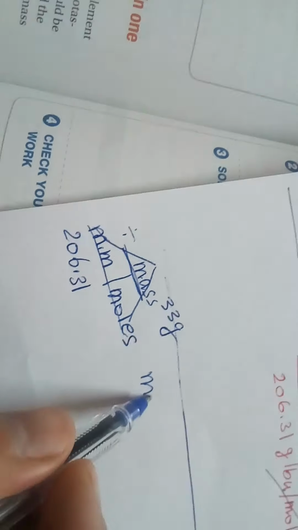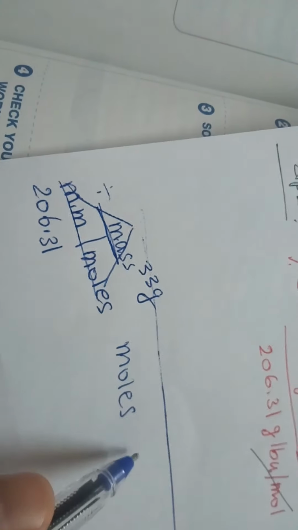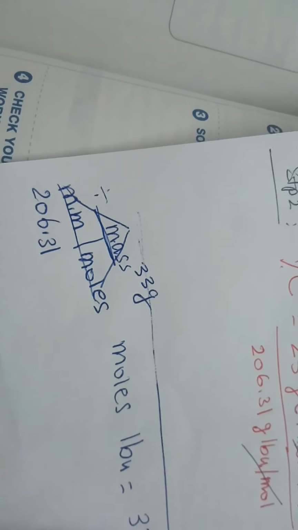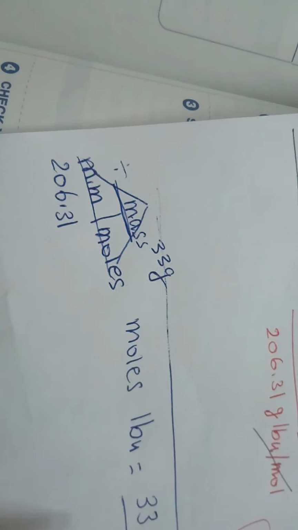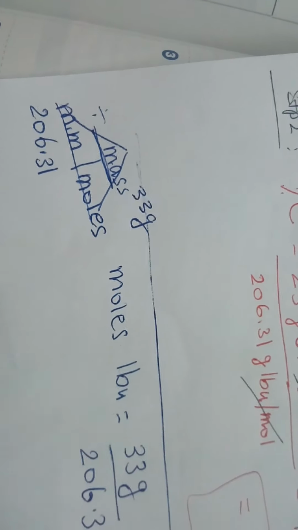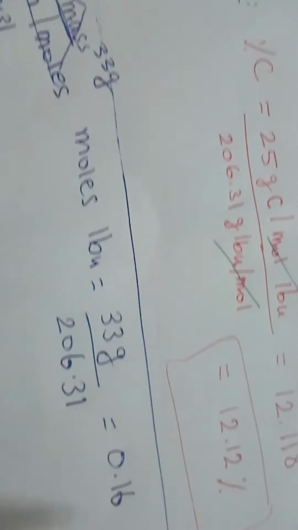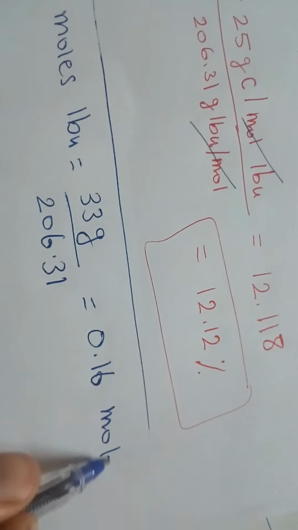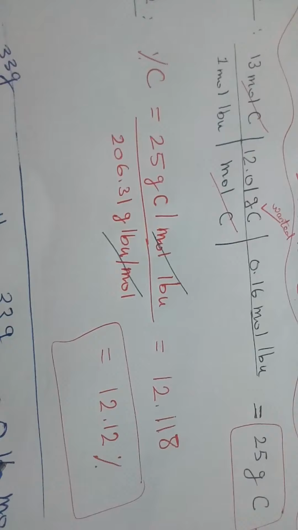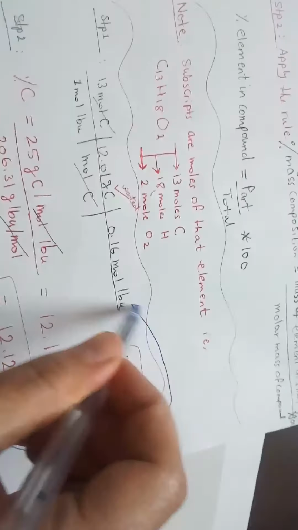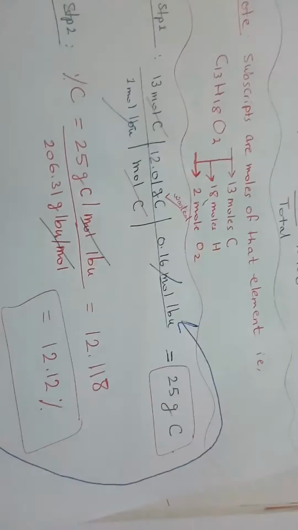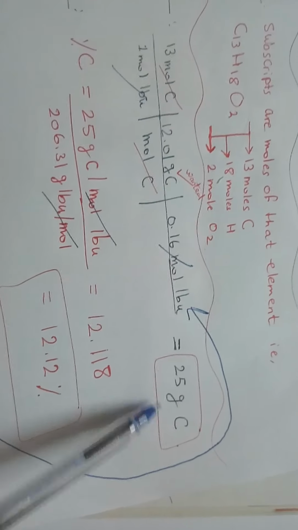So moles of ibuprofen is equal to mass divided by molar mass, 206.31, and then you get moles of ibuprofen. We plug that in over here, and we cancel these two together and we get 25 grams of carbon.